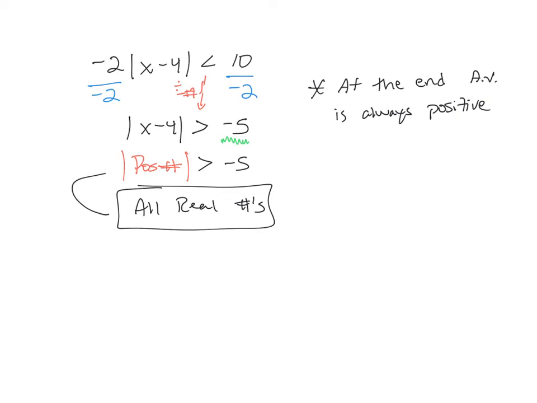Okay, so this one, the answer is all real numbers. Again, because a positive number is always greater than -5, or any negative number, but in this case, -5.